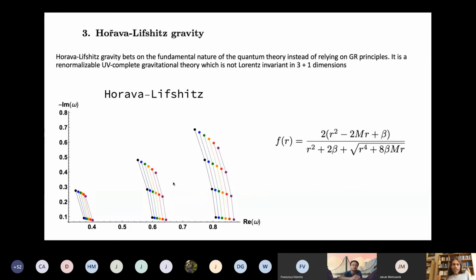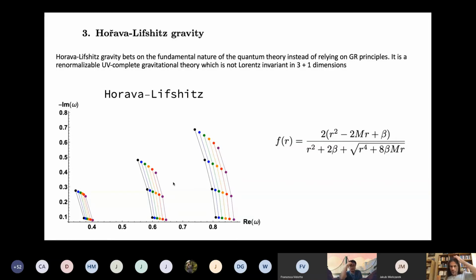In Hořava-Lifshitz gravity, one basically bets on the fundamental nature of the quantum theory instead of relying on general relativity principles, which means that a renormalizable UV-complete theory of gravity is built, but it is not a priori Lorentz invariant in 3+1 dimensions, and the usual covariant time only emerges at large distances.